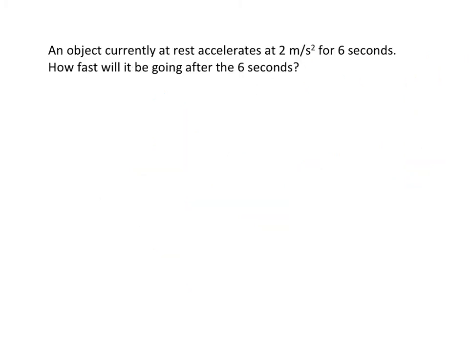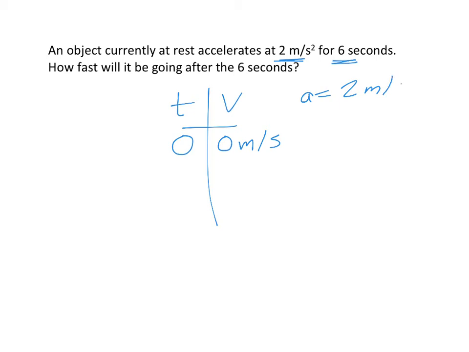All right, so here's an object currently at rest, and it's accelerating over the course of 6 seconds. So if I make a chart, right now at time 0, it is at rest. It is not moving. And it accelerates at 2 meters per second squared. So remember, 2 meters per second squared means 2 meters per second per second. So 1 second later, if it's currently going 0, it'll be going 2.